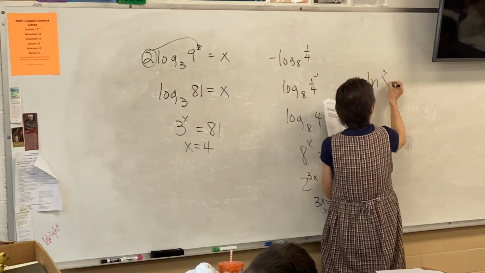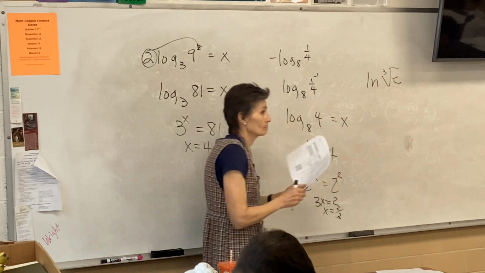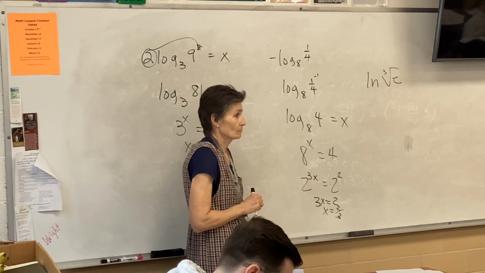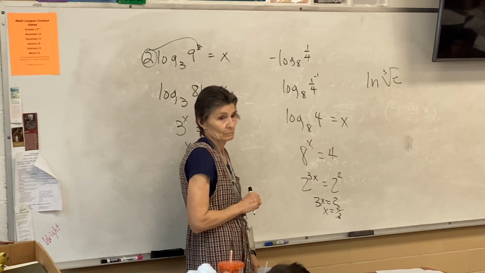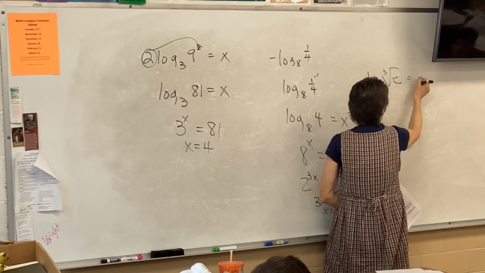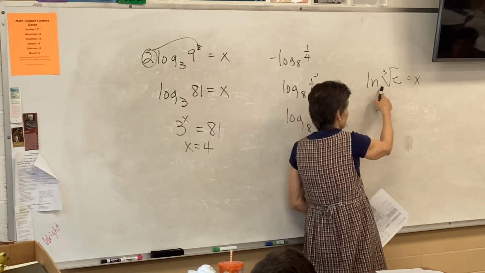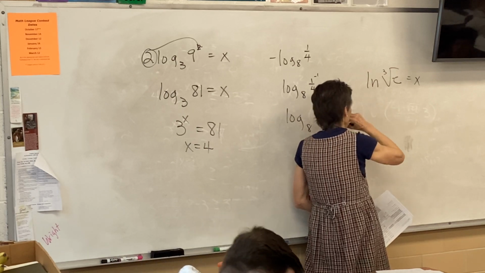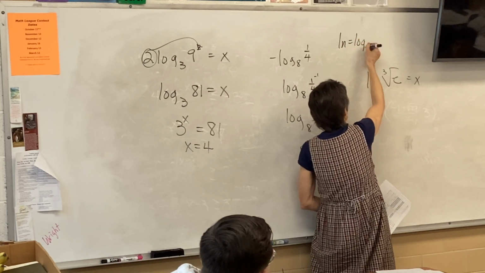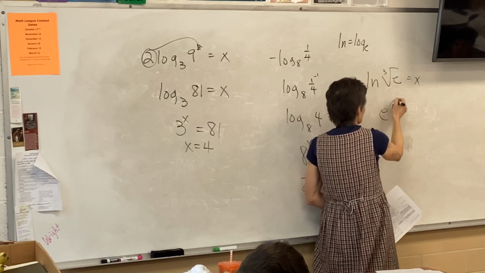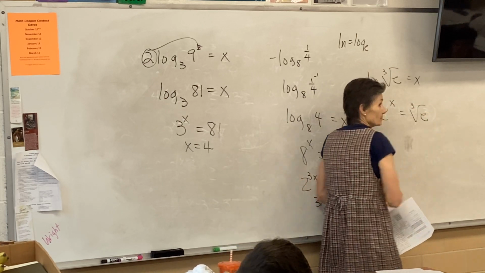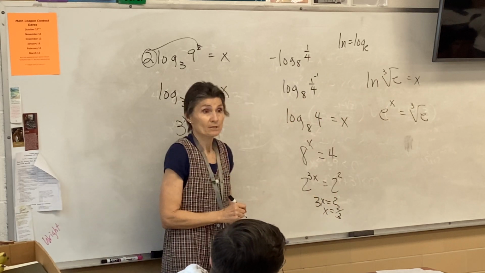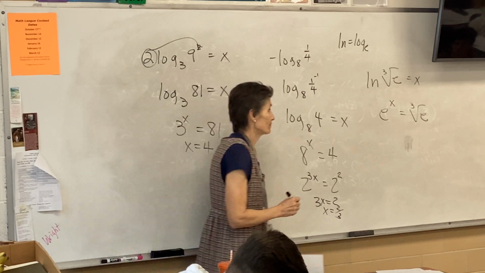ln of the cube root of e. Could be a longer one. What's the base here? Oh, e. ln, guys, is log base e. So this says e to the x equals the cube root of e. What power is cube root? 1/3.